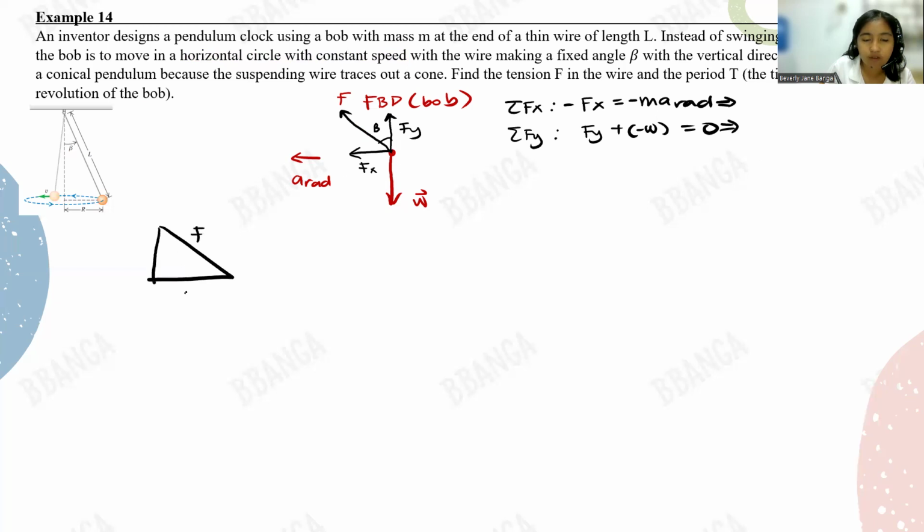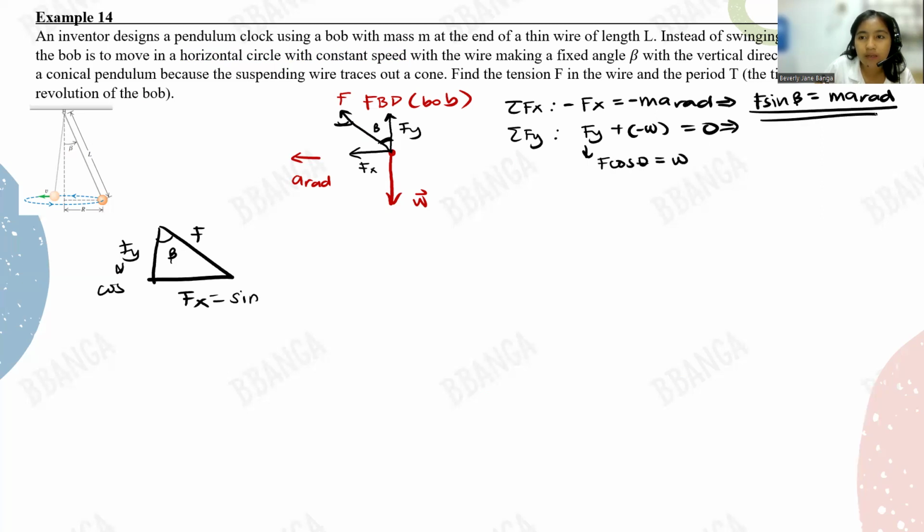This is F, Fx, Fy. So, kung ito is beta, ibig sabihin ito rin ay beta. So, si Fx natin is sine, si Fy natin ay cosine. So, as kanina, this is F sine beta is equal to MA rad. Tapos ito is F cos beta is equal to weight.